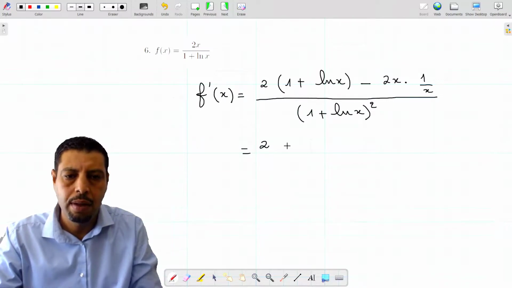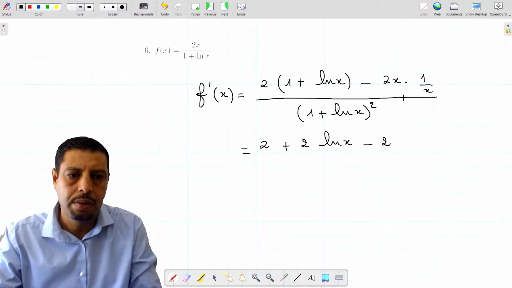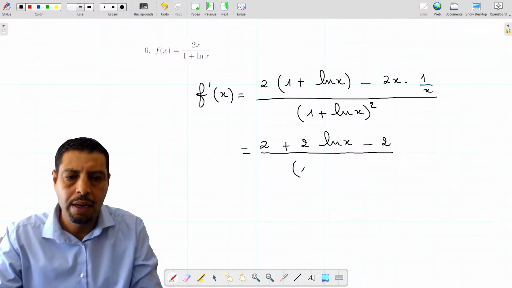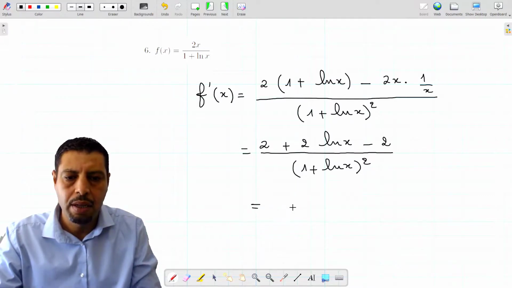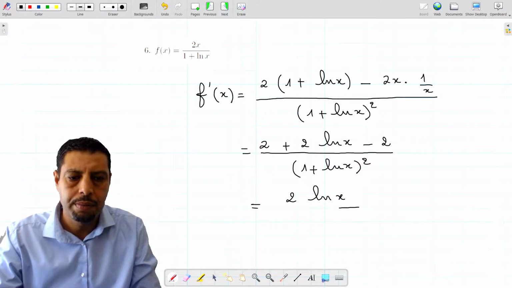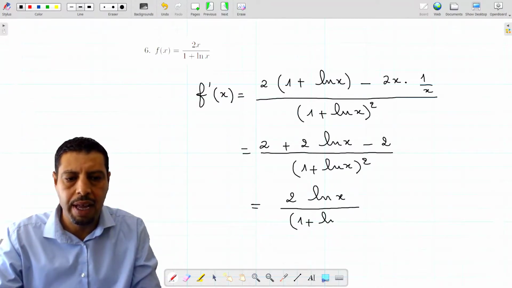It's 2 plus 2 ln of x minus 2, since 2x times 1 over x is 2, over (1 plus ln of x) squared. We cancel the 2, and we're going to obtain 2 ln of x over (1 plus ln of x) squared.